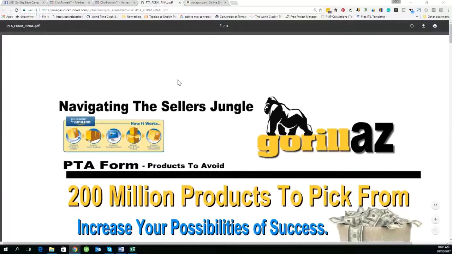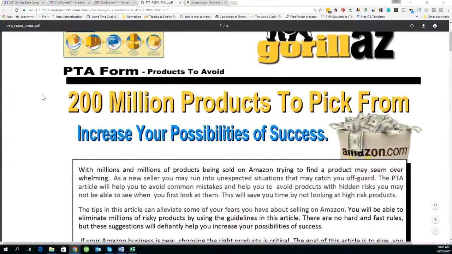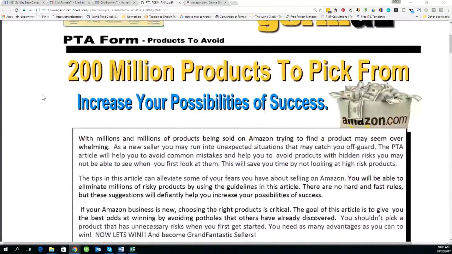So I'm going to go ahead and share my screen. Let me do that now. And this document is inside the membership area as well. This is part of our navigational documents. So between Rob and I, we'll go through this. But it's really important straight out the gate that you try and avoid products that give you issues, or potentially could give you issues.